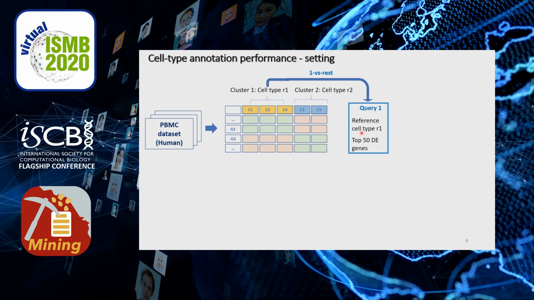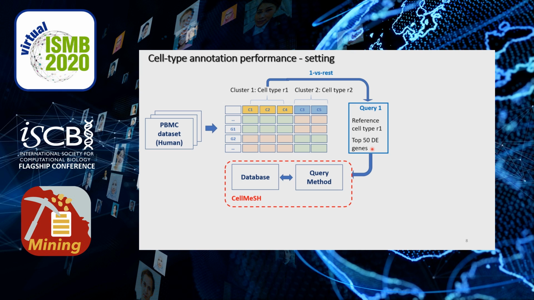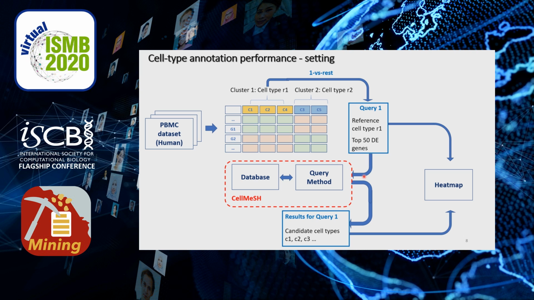We use the already known annotated cell type as a reference cell type for the query, and we keep the top 50 differential expressed genes as the query set of genes. We use these genes for each query to query CellMeSH and get results, and we compare the results with the reference cell type using a heat map.